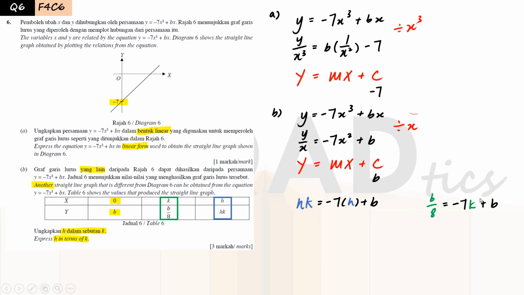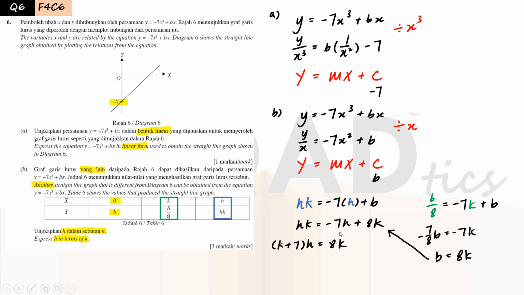Okay, and then let us find the expression of b in terms of k. Right, so b here will be equal to 8k, and then I can substitute back into this equation and find the expression of h. So everything which is h stays on the left side, and then I'm going to move this to the right side to find out the expression, and this would be our answer.